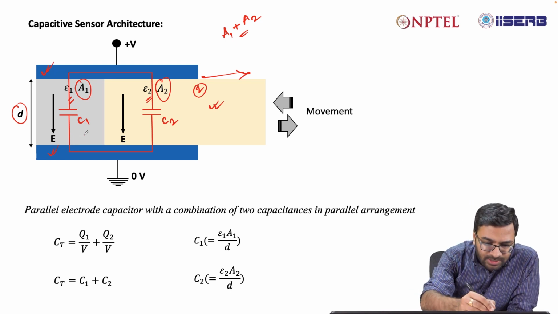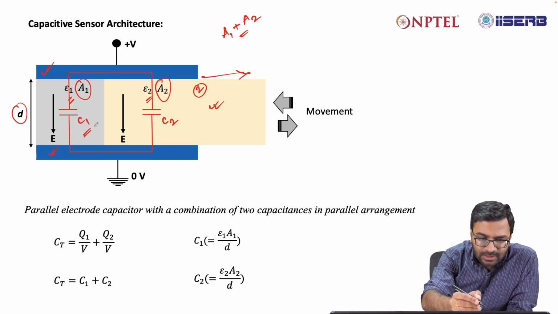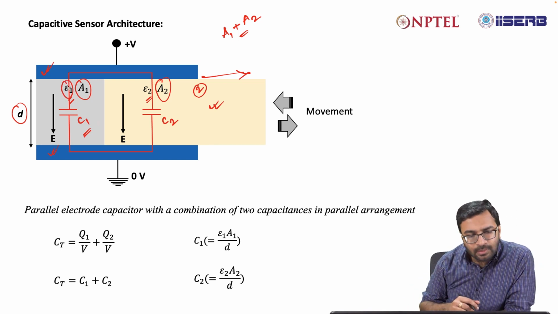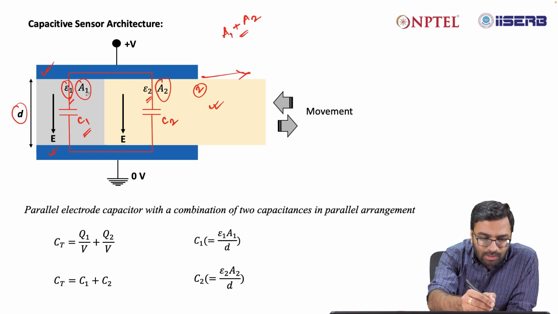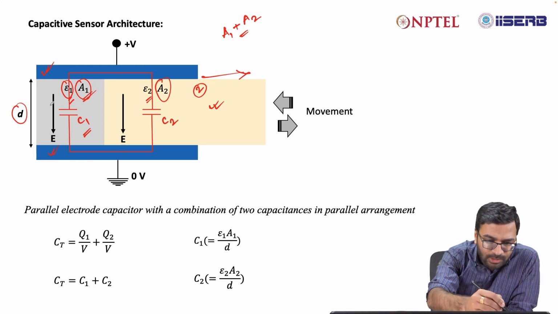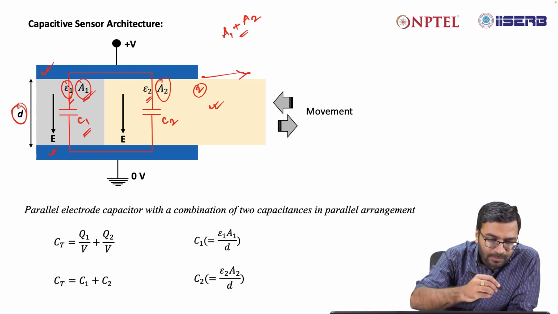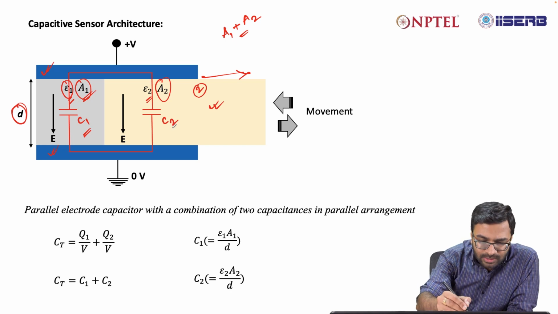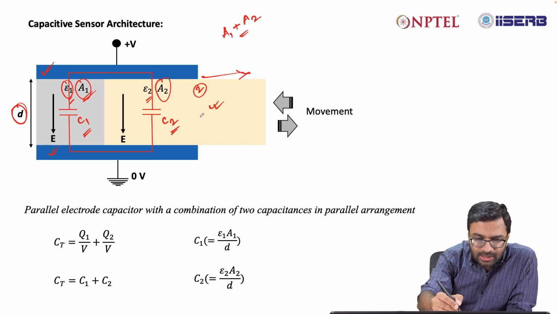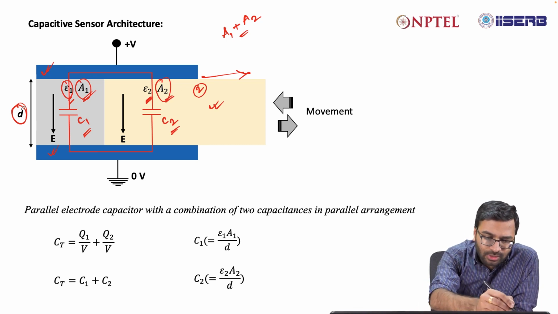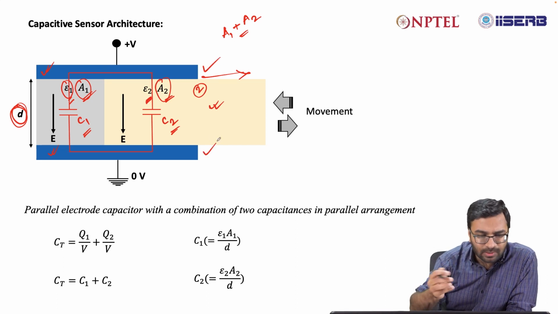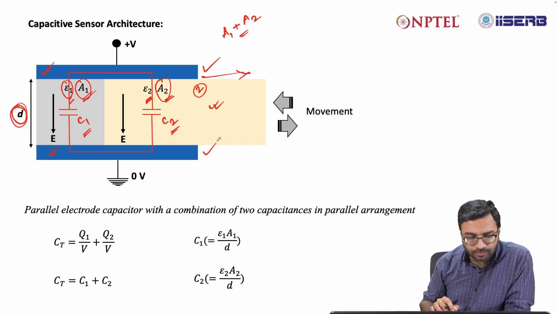Now the C1 capacitor has a dielectric material epsilon 1 and a cross sectional area A1. However, the distance between the electrodes is D. In the case of C2, you have a dielectric material having dielectric constant epsilon 2, cross sectional area A2, and in this case also the distance between the electrodes is D.